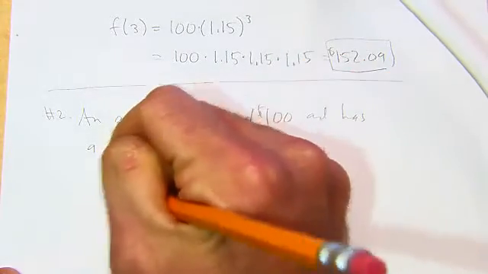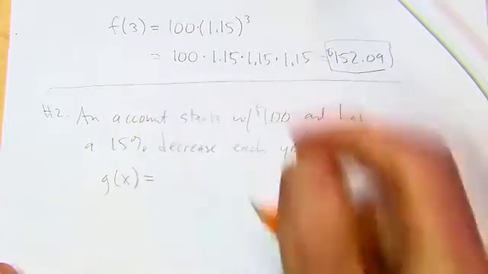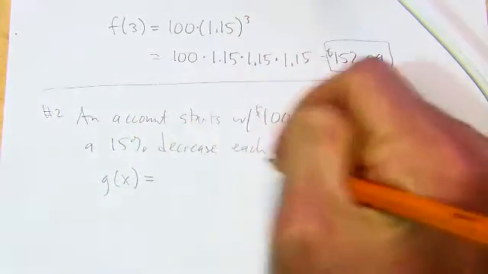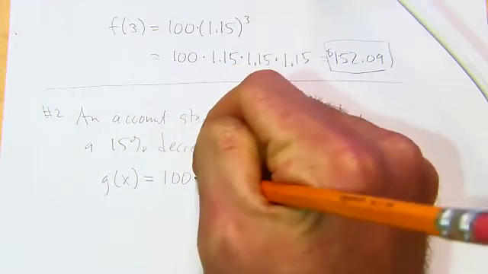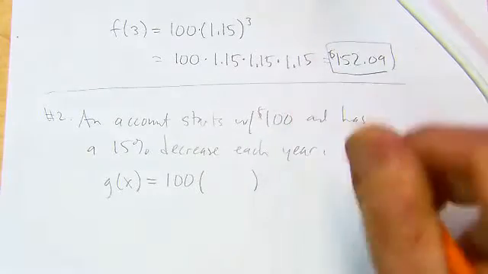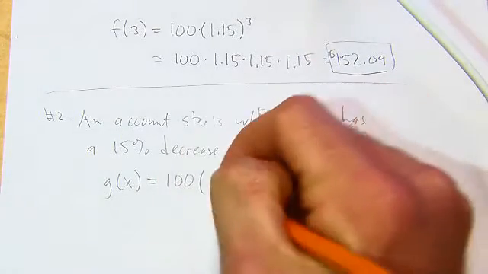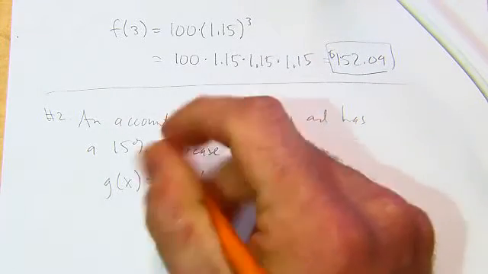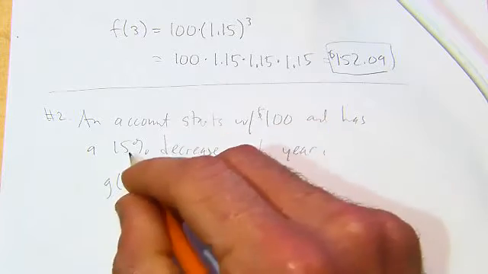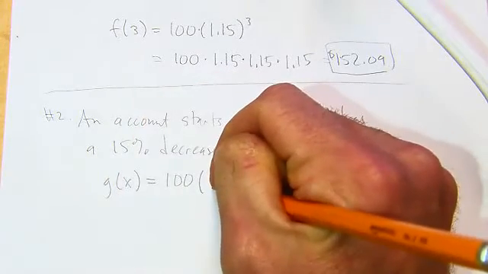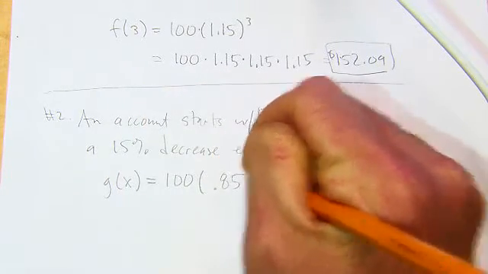We'll call it g of x. All right, so same thing. It's a starting amount, $100, times this factor. So remember, for a decrease, we did 1 minus 15%, or 1 minus 0.15. It's really going to be times 0.85.